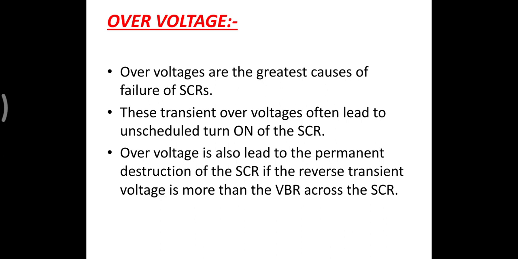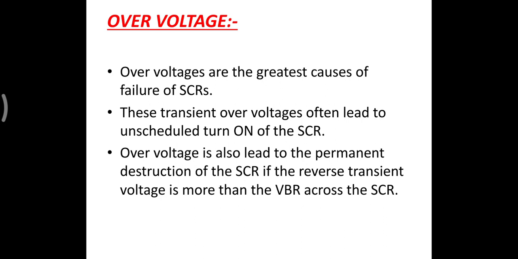Over voltage is a very serious cause for SCR failure. How can we get these over voltages? Because of the transient voltages. When there are transient over voltages, this leads to the unscheduled turn on of the SCR.